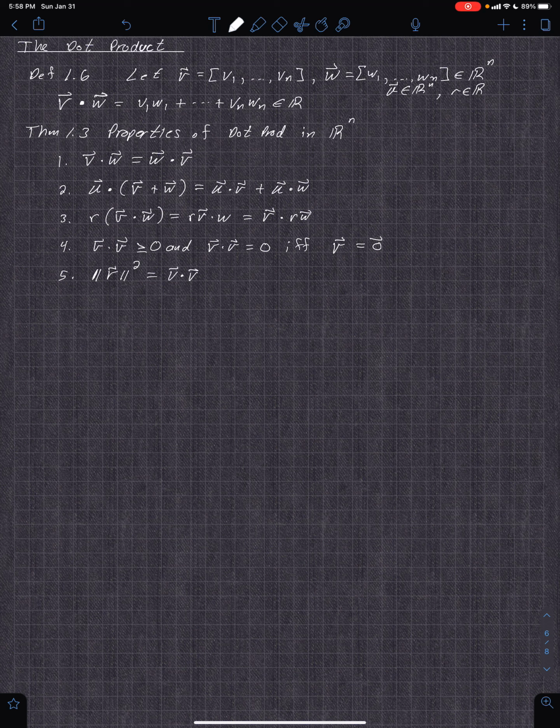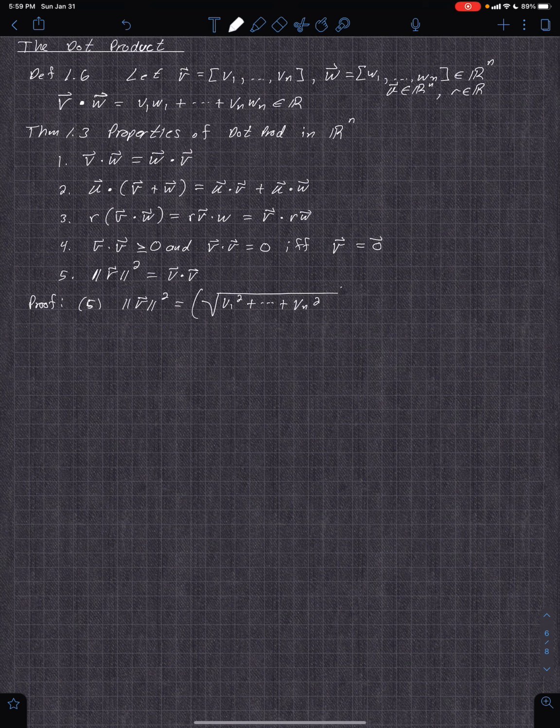So we won't look at all those proofs. They're pretty much directly from the definition. So we'll do 5. Pretty straight up, right? If you just take the magnitude of V squared, that's the square of this square root of V1 squared plus, etc., to Vn squared.